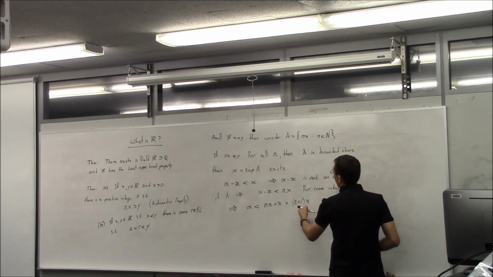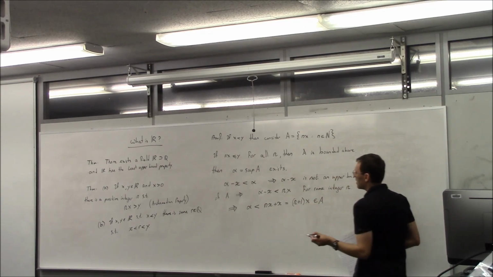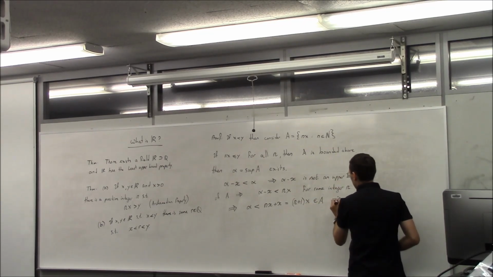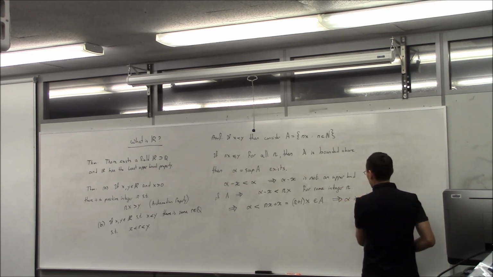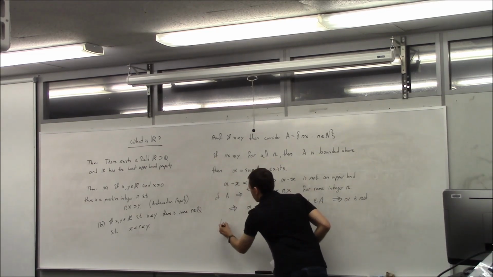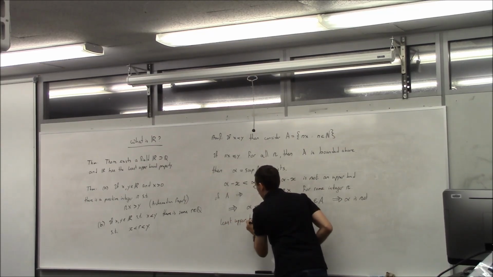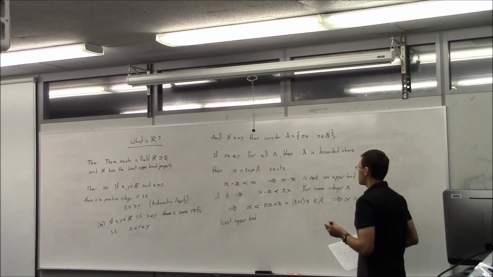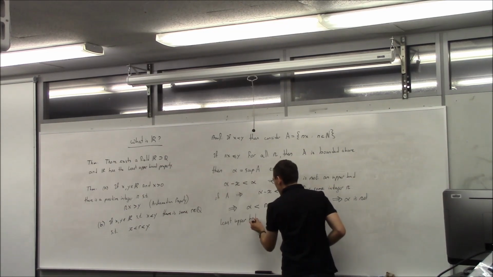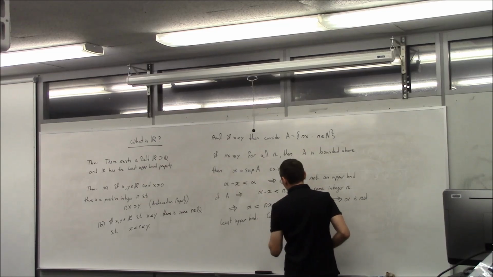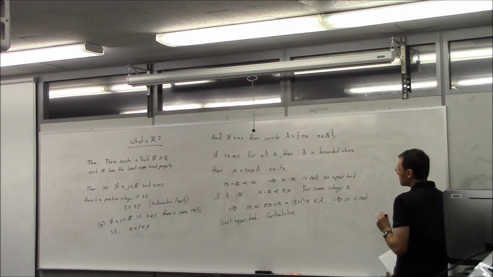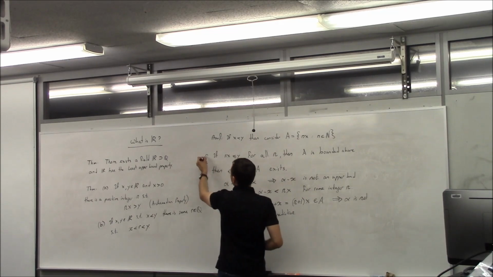Now n plus 1 times x is still an integer, so this is just an element of A. So that implies that alpha is not the least upper bound. So that's a contradiction. So that's the proof of A.